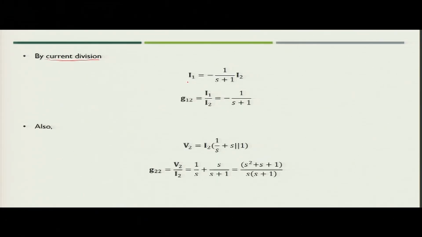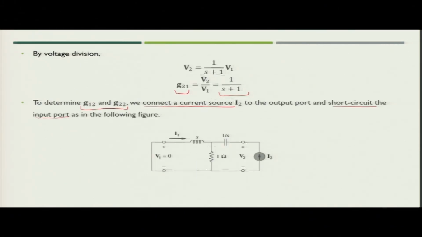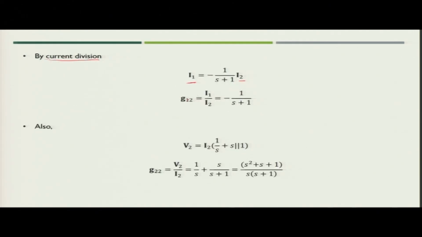So, if you utilize current division, I1 will become minus of 1 upon S plus 1 into I2, because in this case I1 and the component of current I2, that is say I2 dash, will be in opposite direction. So, you will get a minus sign over there. So, I1 is now minus of 1 upon S plus 1 into I2. So, G12 you will simply get I1 upon I2, and that is nothing but minus 1 upon S plus 1.